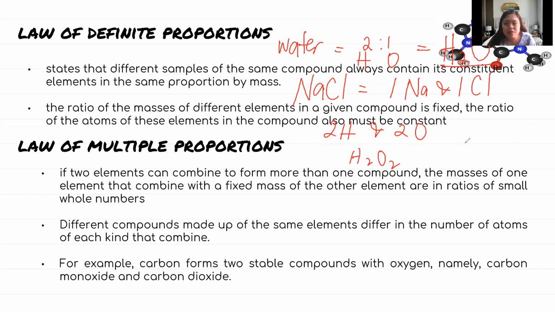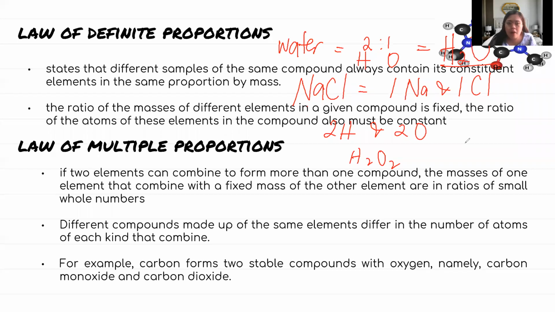So, daghan kay nakasulat sa slide, pero sige, let's read it and then afterwards, let's have an example para mas dali siya masabtan. So according sa law of multiple proportions, if 2 elements can combine to form more than 1 compound, the masses of one element that combine with a fixed mass of the other element are in ratios of small numbers.